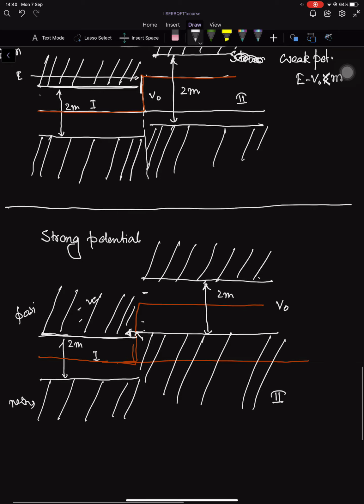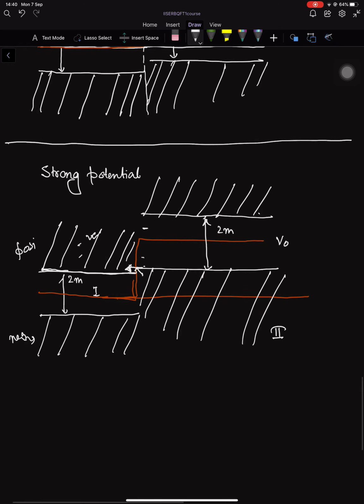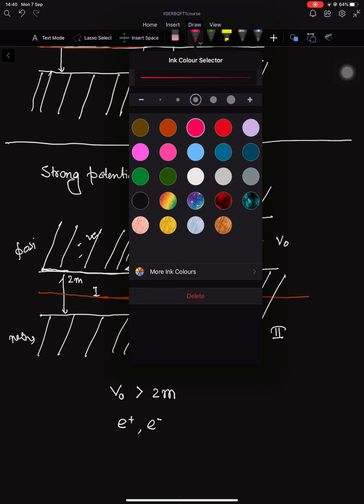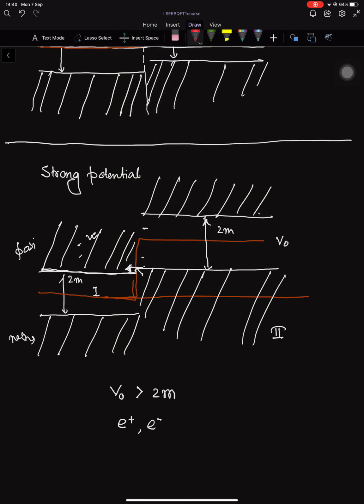In other words, this potential has so much energy, energy greater than 2m, that it has enough energy to create a particle and an antiparticle. And this particle and antiparticle is created here. So this is the antiparticle, this is the particle, and this is the antiparticle, because we are studying electrons.